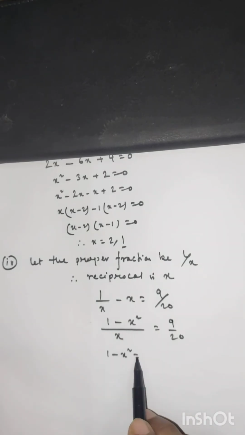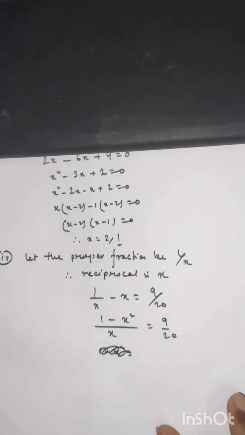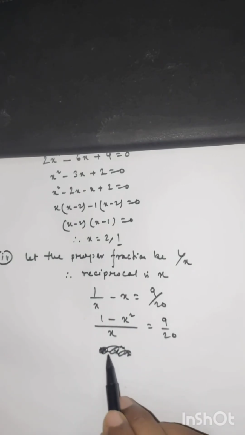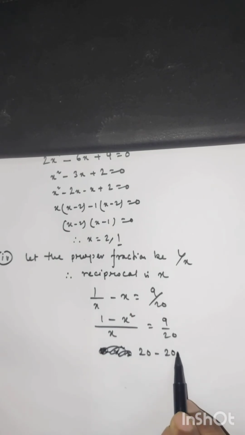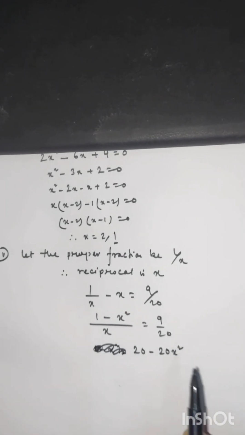if we cross multiply both sides of the equation, then we get 20 minus 20x square equal to 9x.